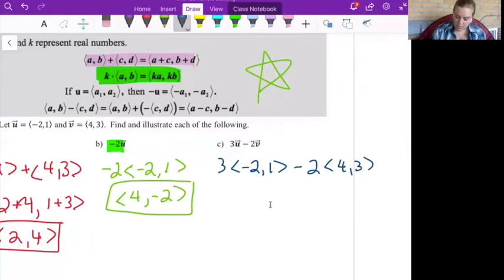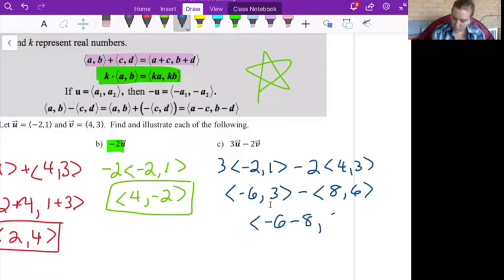And so then I'm going to distribute the 3, so this becomes -6, 3, and then minus 8, 6. So then this would be -6 minus 8, comma 3 minus 6. So then we get this vector -14, -3.